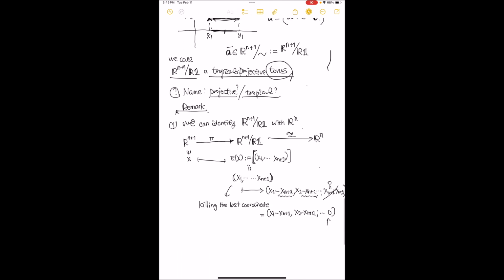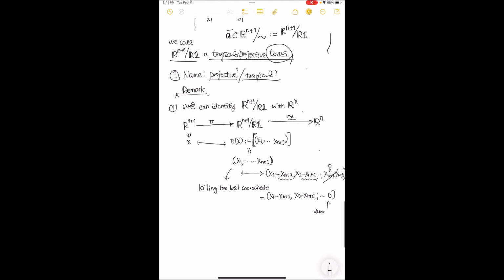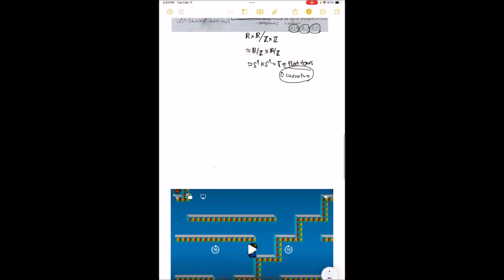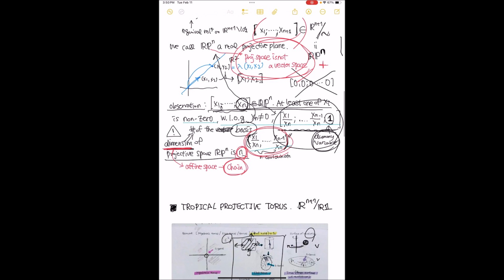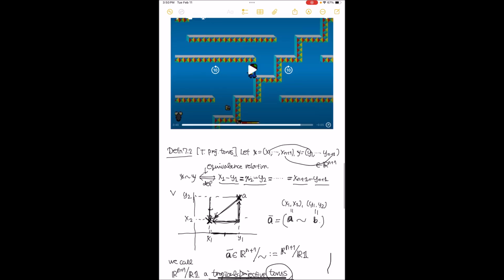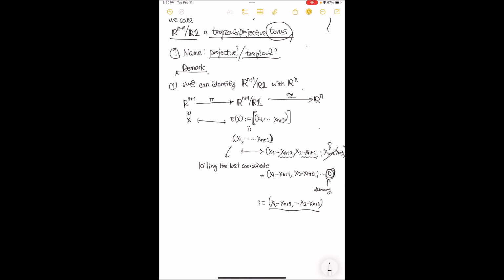So we can define it with n coordinates instead of n plus 1 coordinates. In the projective plane, the last coordinate is a dummy, so the dimension is n.